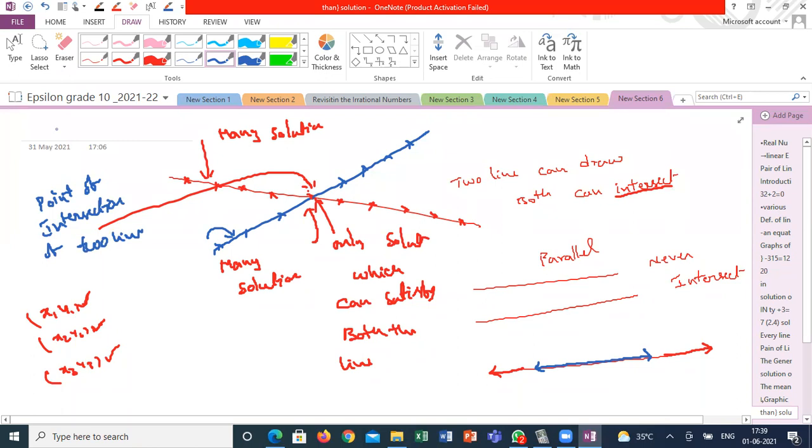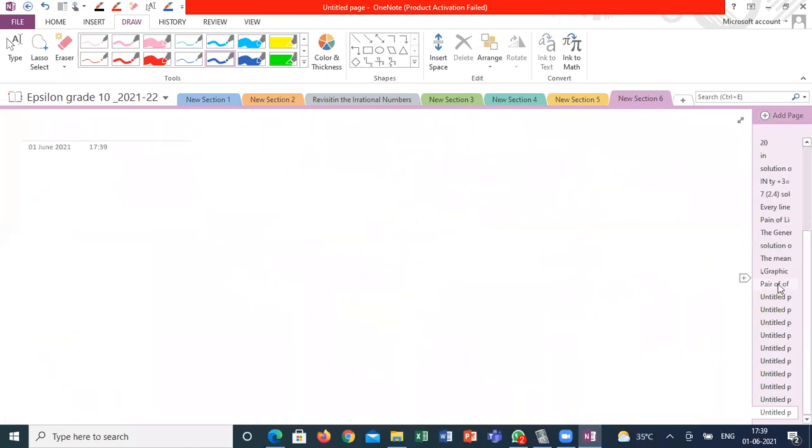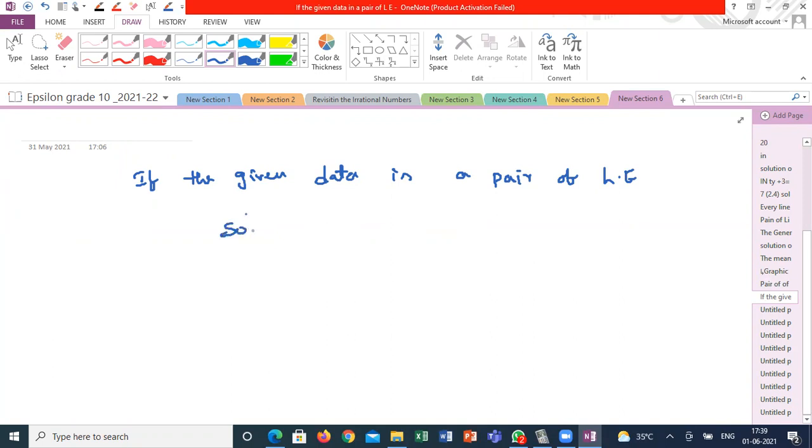That means if I am giving a pair of linear equations, the solution of this pair means I want to find one set of x comma y values. Suppose the first equation is a1x plus b1y plus c1 is equal to 0.